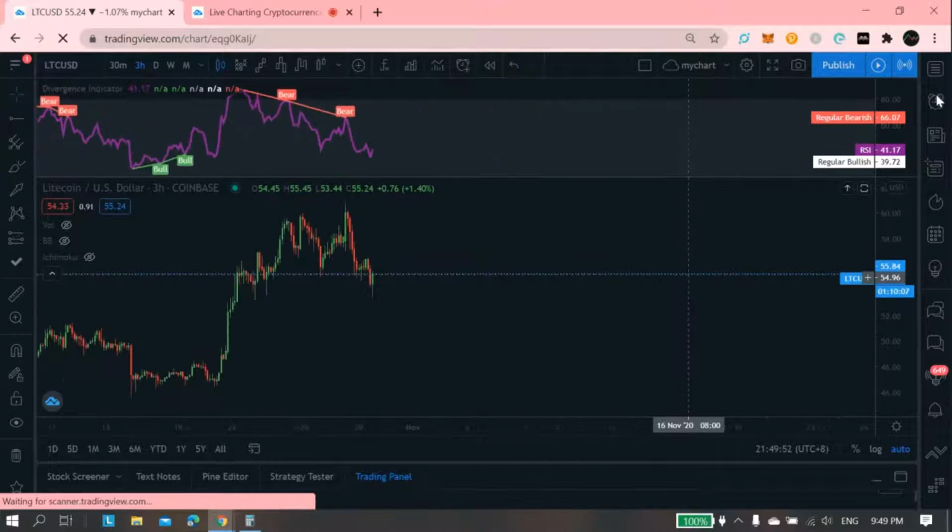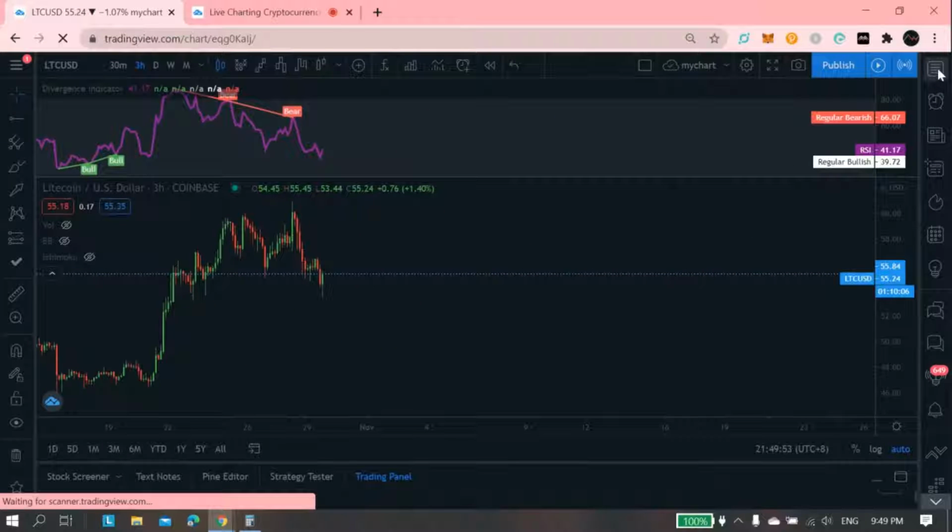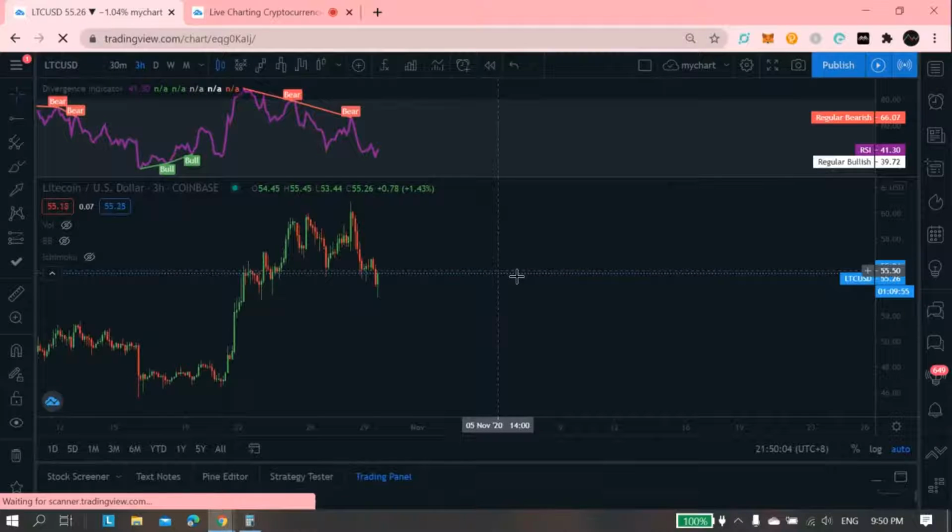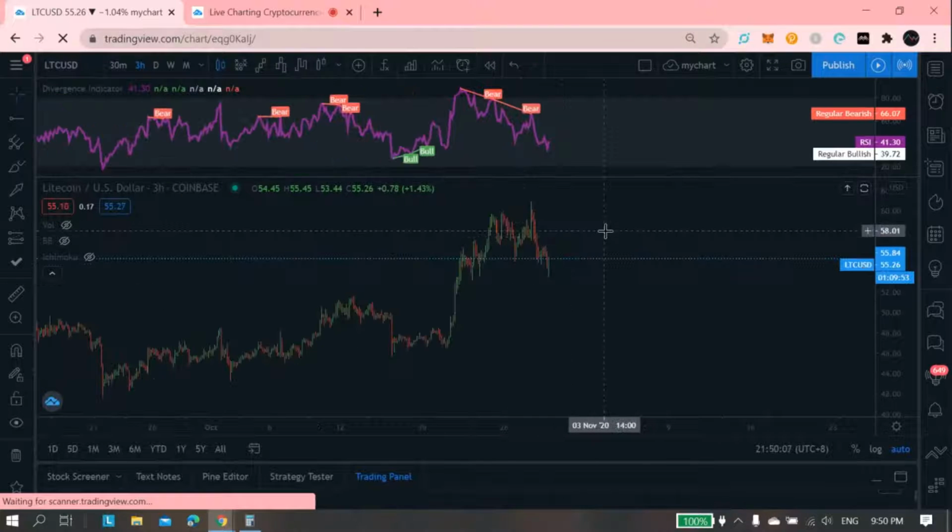Yay, maybe after this I will take profit because I posted for Bitcoin a while ago. I entered a long position at 13,077 because I saw a bullish divergence, and the stop loss is around 13,100 because it went higher.